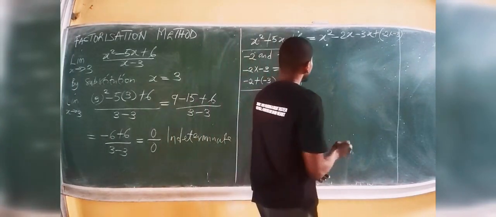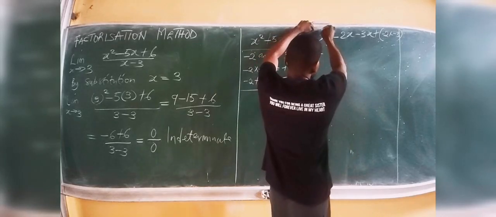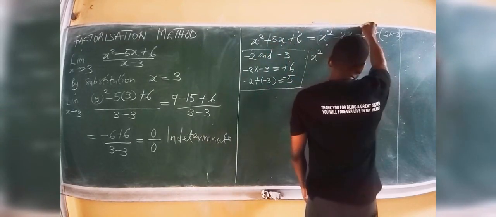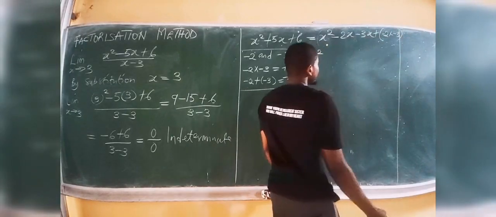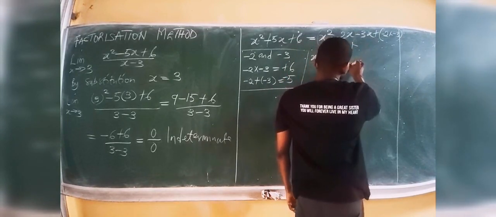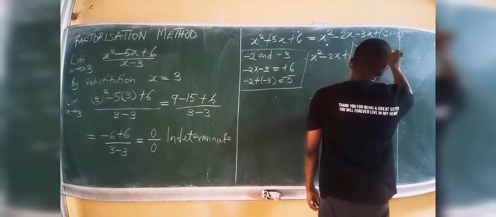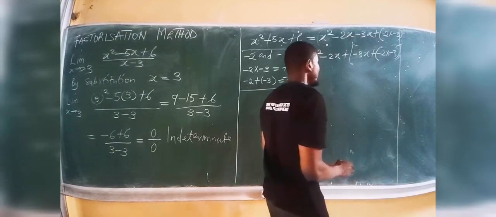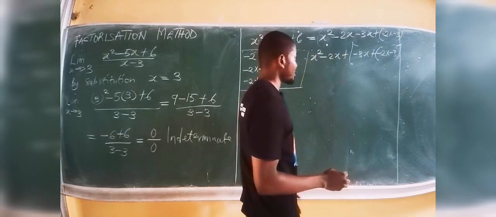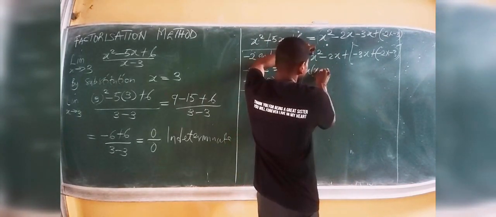All right, so further on, you simply factor now. You pick x squared minus 2x, and you also pick minus 3x plus minus 2 multiplied by minus 3, keeping these together. Between x squared and minus 2x, x is common, so you factorize x: x into x minus 2.